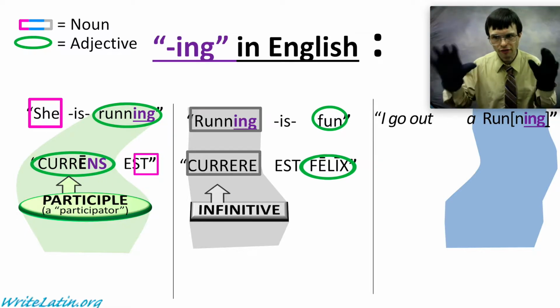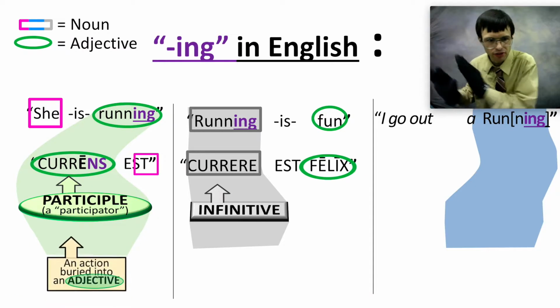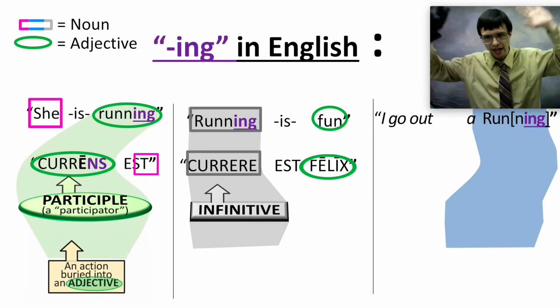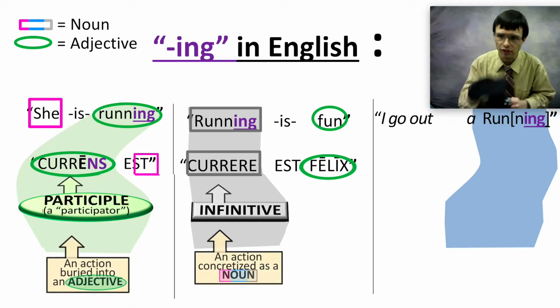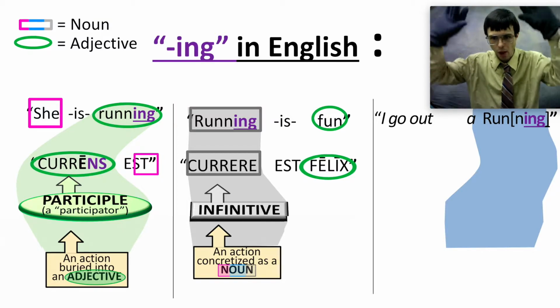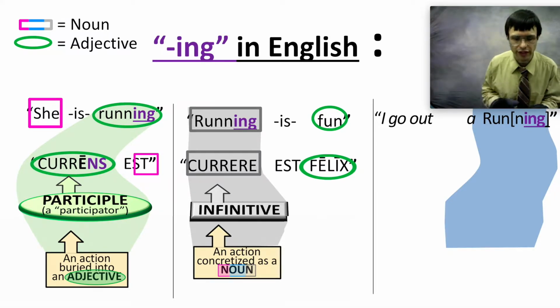Both of these are a verb, an action, buried into something. In the case of participles, it's buried into an adjective. So a participle is technically a kind of adjective. In the case of the infinitive, it's buried into a noun. So an infinitive is a kind of noun. Both of them, however, were translated -ing, as you see in the first line there.